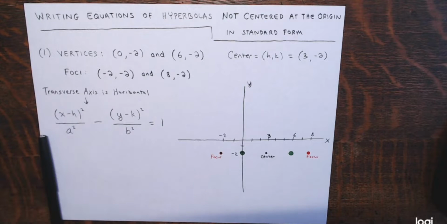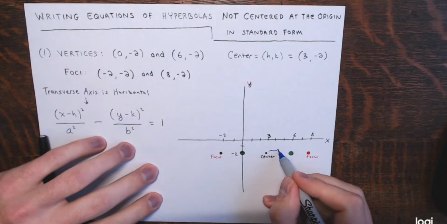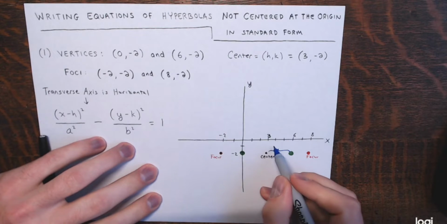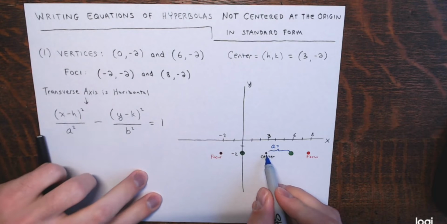Now that should be enough to write the equation to help me find A and B. A is simple in this example. The value of A is the distance from the center to a vertex. So what's the distance from 3, negative 2 to 6, negative 2?